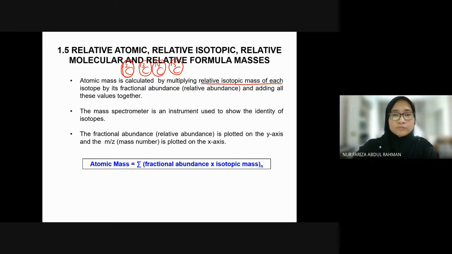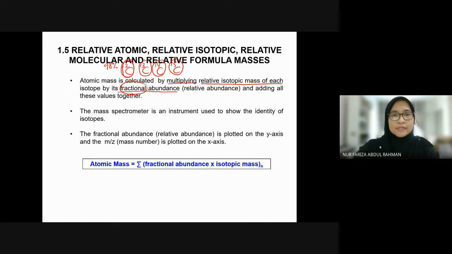So we need to multiply each one of them with their fractional abundance. Fractional means pecahan. Like I said just now, take for example carbon-12 present naturally as 98%.